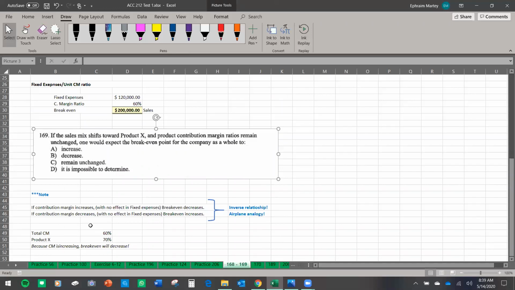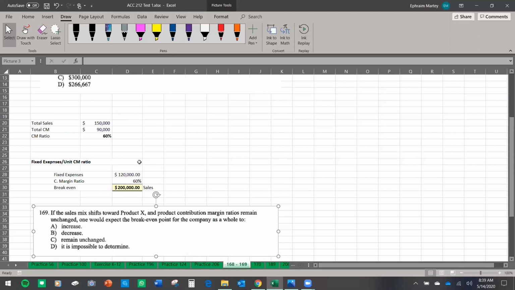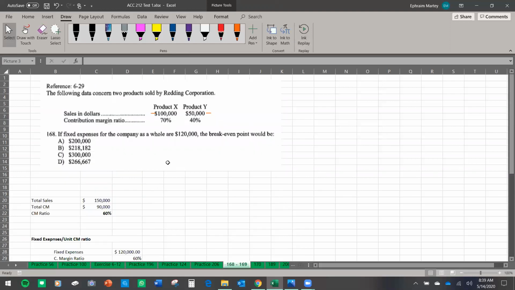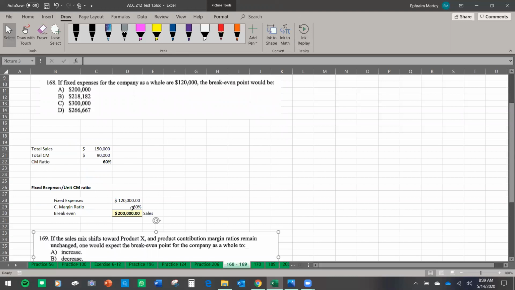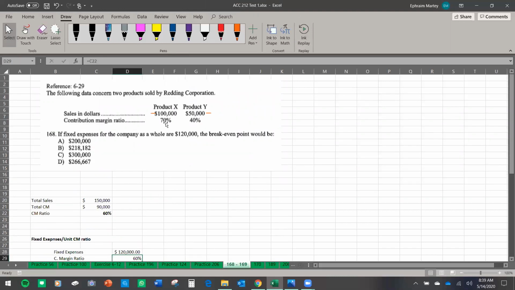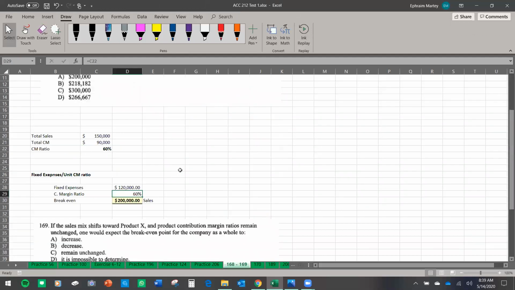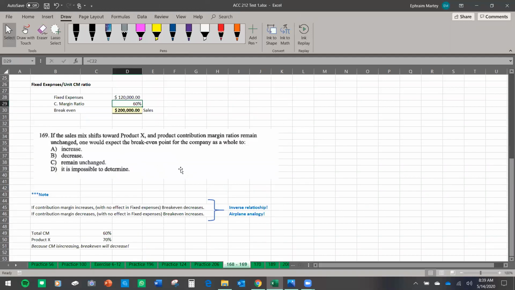If sales mix is focusing on product X, what is our product X per unit CM ratio? It's 70%. Compare it with the total one, 60%. So if 60% gives 200,000 and the contribution margin is increasing to 70%, what will happen to break-even? Will break-even increase or decrease? Remember, contribution margin increases and break-even decreases. So the answer is B, decreases.